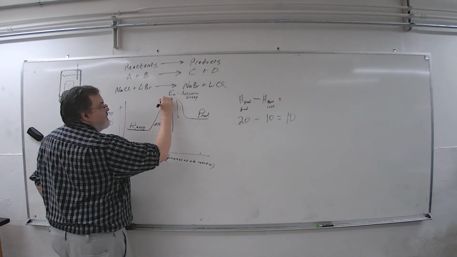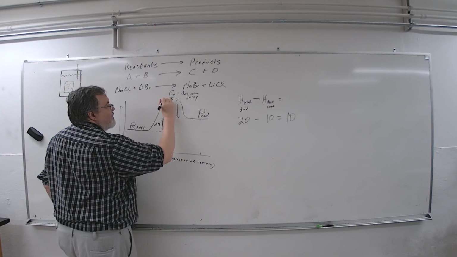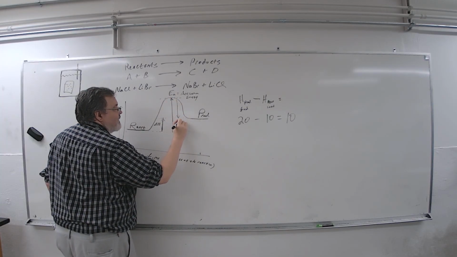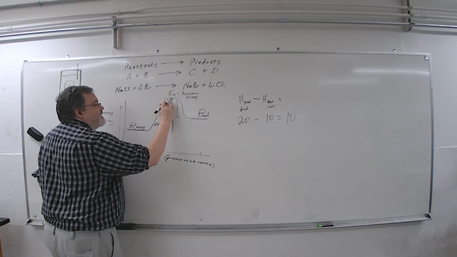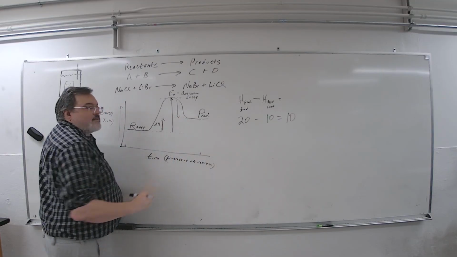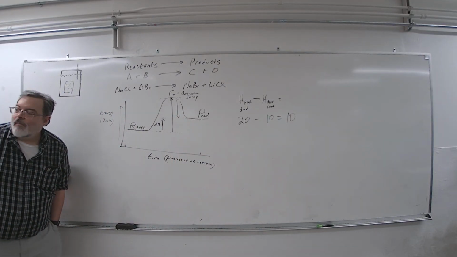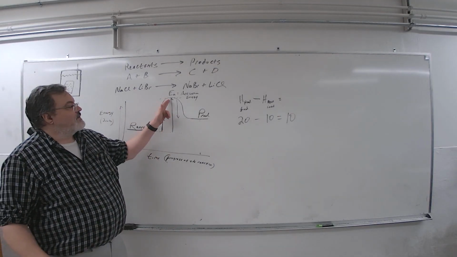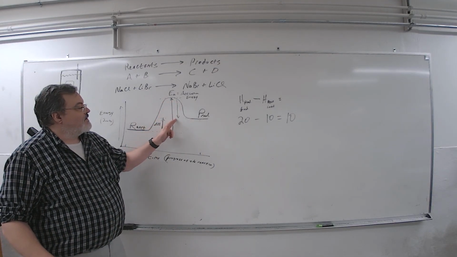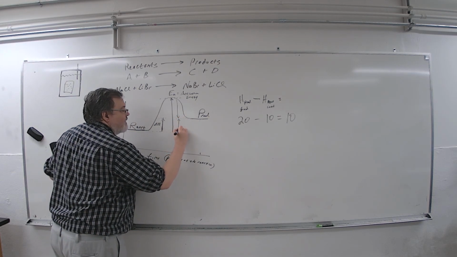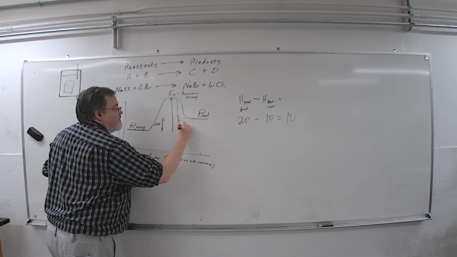From the top of the peak, this arrow goes down to here. So it's plus this minus this, which is another way of getting this delta H. Do you see that? The amount of energy that goes in during the reaction minus the energy that comes out will also give you that delta H. Two different ways to measure delta H.